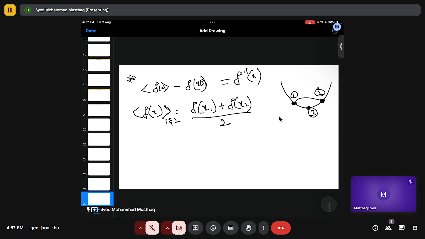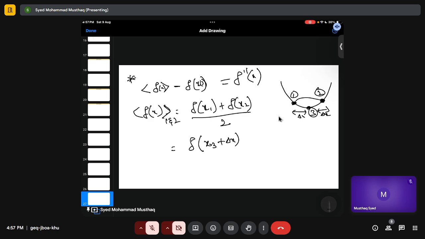Now what is f of x1? It is just a distance delta x from here, and the same delta x from here. Let's take it symmetric, both are delta x from here. So my x1 will be x3 plus delta x.